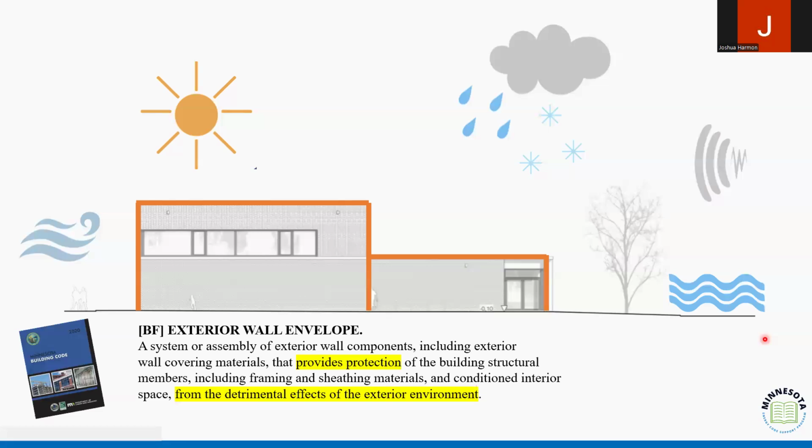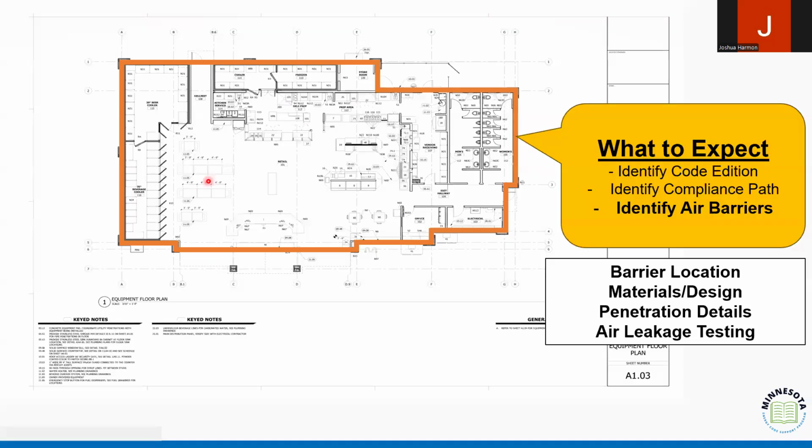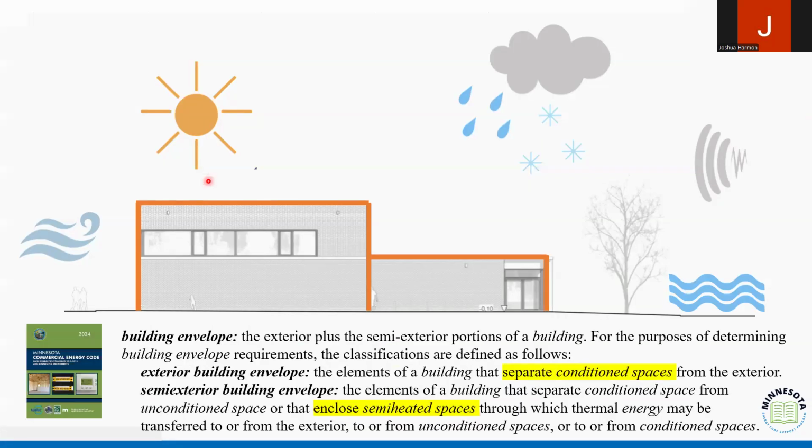Now, remember, what we're talking about is how we are isolating and protecting the building through the exterior wall envelope from the environment around our building, but also how we are isolating or insulating. I think I went the wrong direction. The energy code takes it that next step further and says what we're trying to do is separate conditioned space from semi-heated space, right? We have a lot of large warehouse facilities that are considered semi-heated.